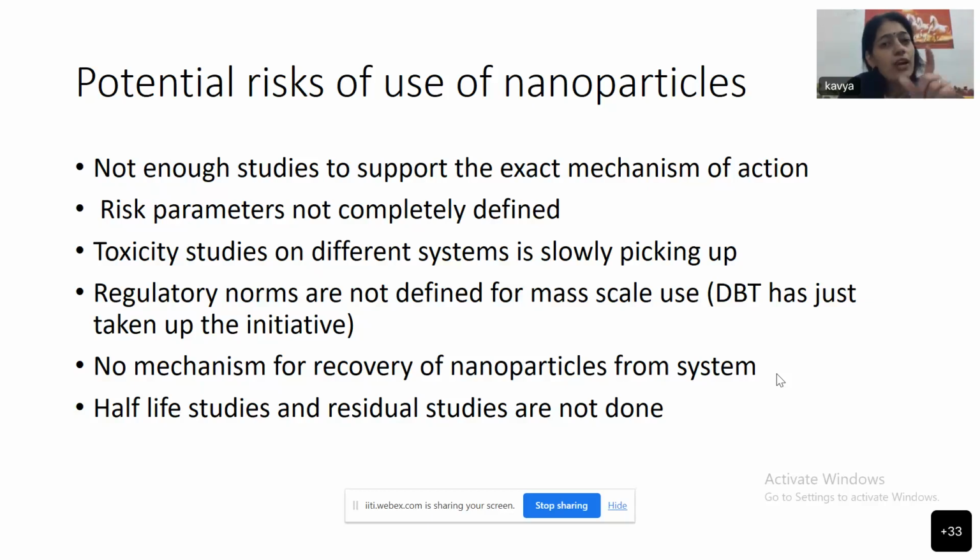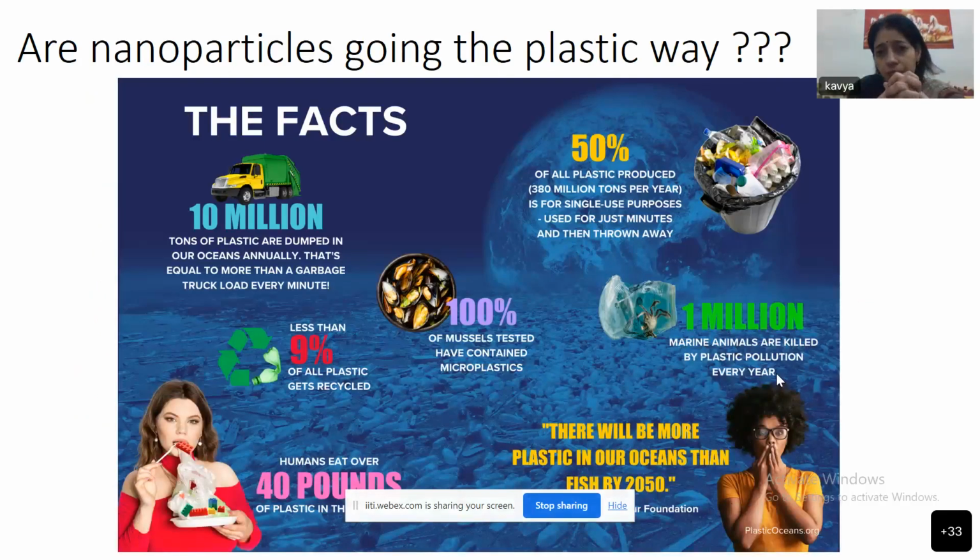And then half-life studies and residual studies are not done. When we release a nanoparticle into the environment, we do not even know at what half-life it would disintegrate. Right now the scientists are very surprised, to some extent guilty also, because they thought that a nanoparticle would remain a nanoparticle in an ideal world until the task is completed.